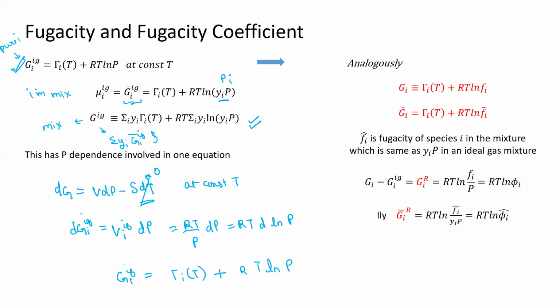It won't be 2, it will be somewhat 1.7 or 1.8 meter cube. So that is accounted for in different models. The ideal gas mixture won't account for that. That's why we have delta V mixture as 0 in the ideal gas, right? So I want to make a note of those things.